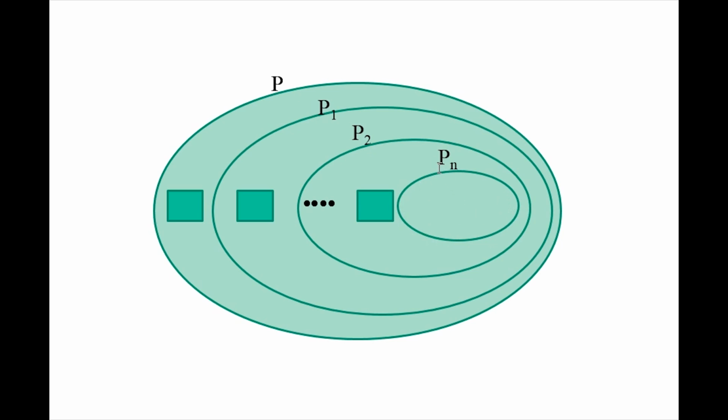So the last one here, Pn, is so small that we can solve it right away without additional dividing into subproblems. This drawing is actually too complicated to really grasp.